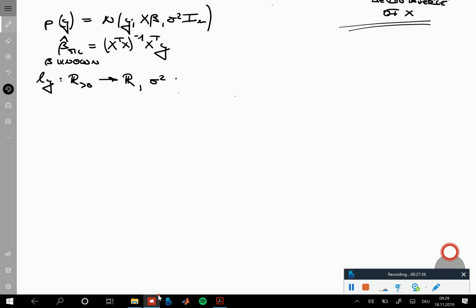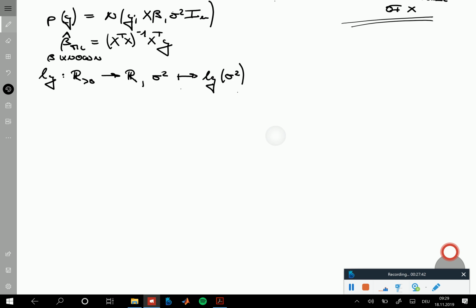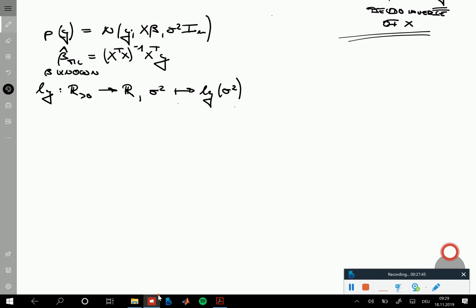Sigma square gets mapped to the log likelihood of sigma square. And of course, this function is exactly the same as previously, that's our log N(y; X beta, sigma square I), and this is exactly the same as we evaluated earlier.